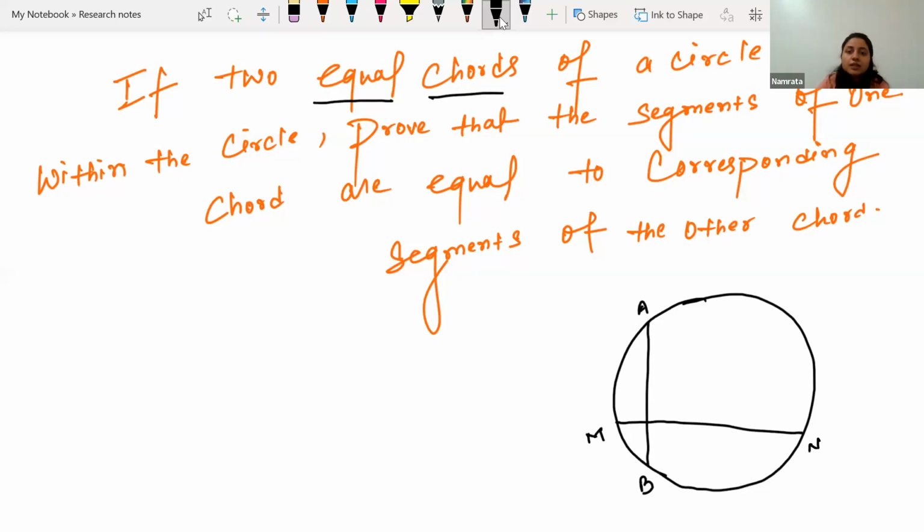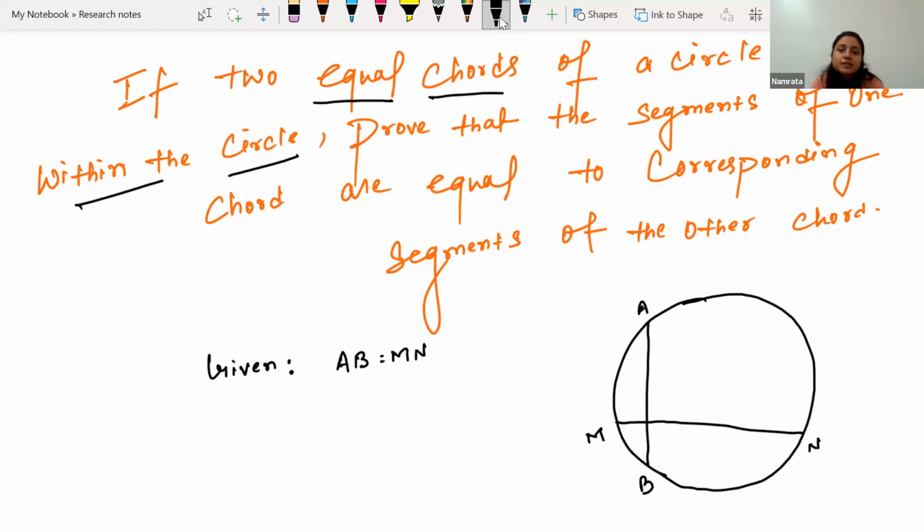Because it is written here that they intersect within the circle. So the chords which are equal in length are intersecting. So it is given that AB is equal to MN. It is given over here and we have to prove, let's see what we have to prove.